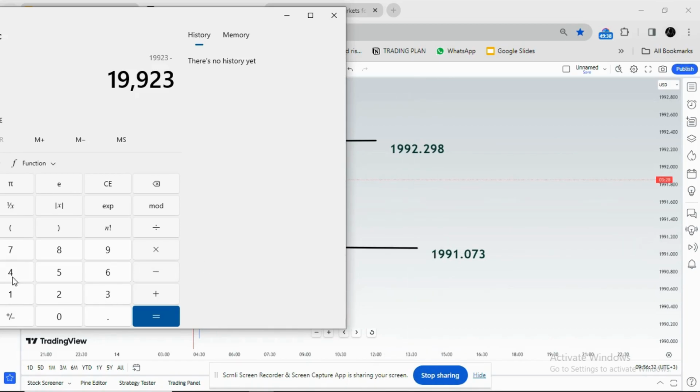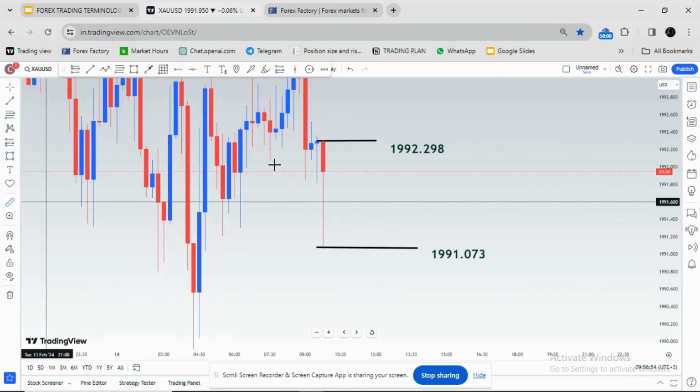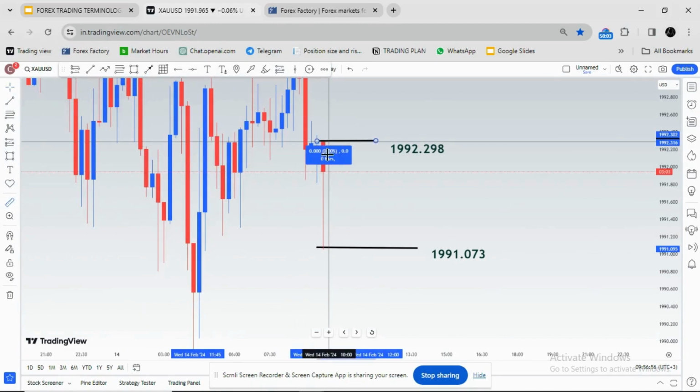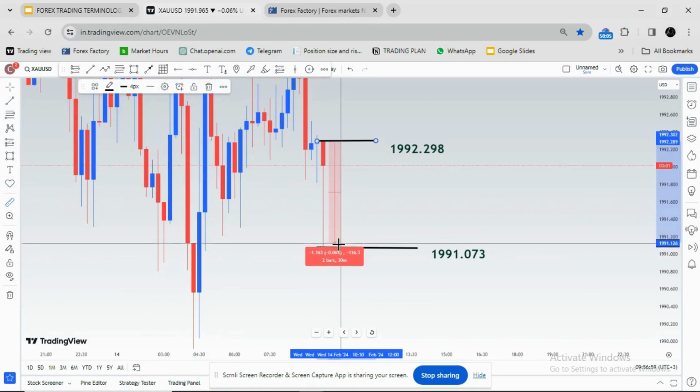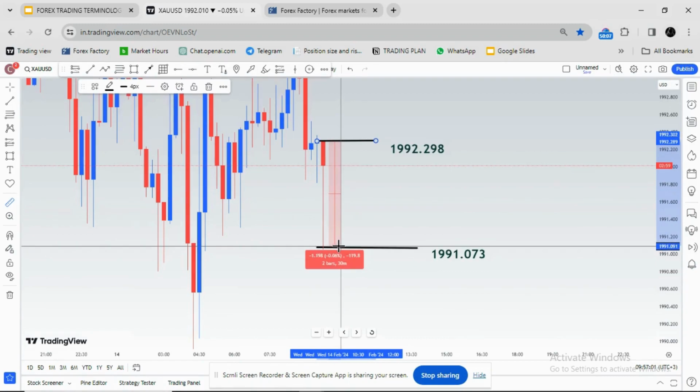Then subtract the other one, take the first, the second, the third, and the next one, and if we round off, it's probably going to be 1, like that, and you get your answer to be 12. And once you get the answer, just multiply by 10. Yes, that way it's going to be easy, and you get 120 pips. And if you measure from here with the accurate measuring tool, it's saying it's exactly 120 pips.